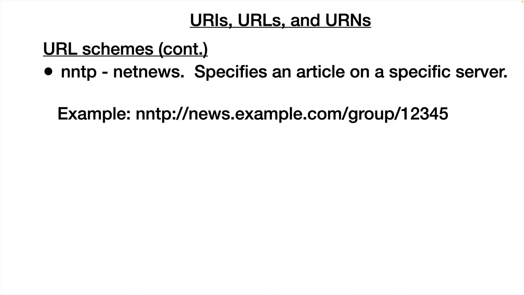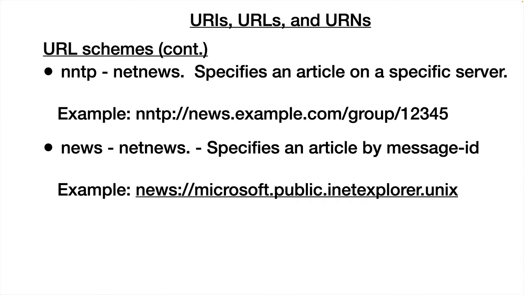The other scheme that you can use is news: news is also net news, but it specifies an article by message ID. So here's one I found in my email from a really long time ago, like the 80s or 90s, where there was a discussion at Microsoft regarding Internet Explorer on Unix machines.